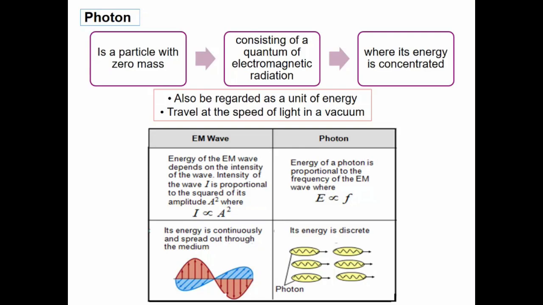A photon may also be regarded as a unit of energy equal to hf. Photons travel at the speed of light in a vacuum. They are required to explain the photoelectric effect and other phenomena that require light to have particle properties. As you can see, the table shows the differences between the photon and the EM wave.